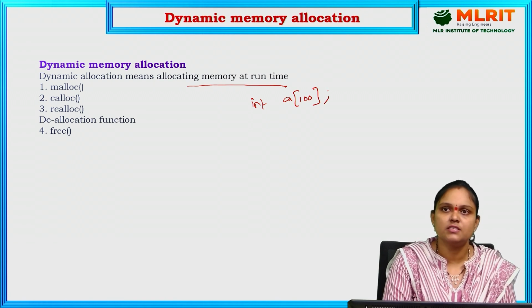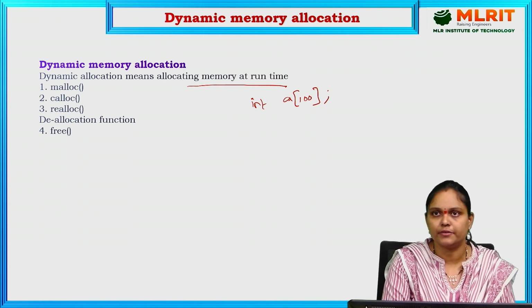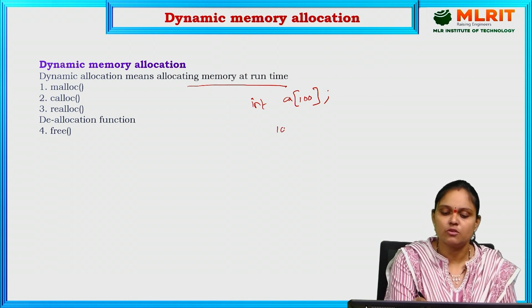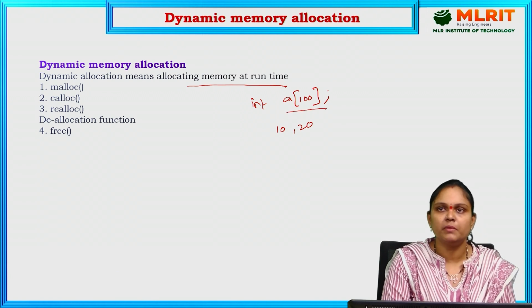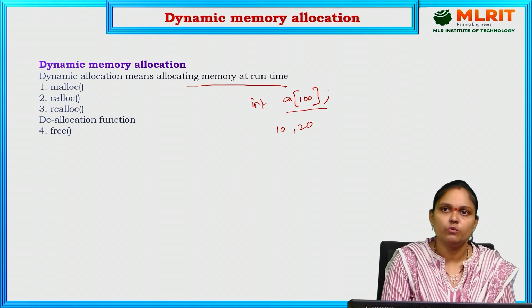For 100 elements the memory will get allocated. But are we using the 100 elements? Obviously no. We are using only 10% or 20%, that is 10 or 20 elements of this array. So what about the remaining memory allocations? Those memory allocations are getting wasted.